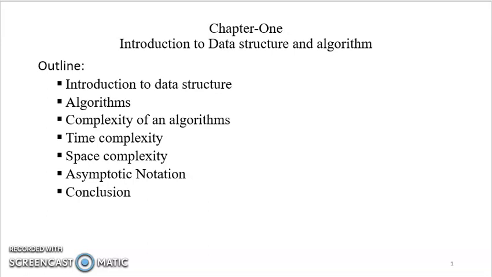On this part we will try to see the introduction to data structure and algorithms, complexities of an algorithm, especially time and space complexities. Then finally we will try to see the asymptotic notation that we will use to denote or to represent the algorithm analysis.